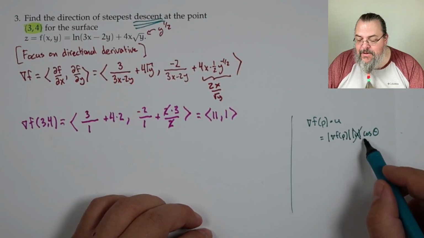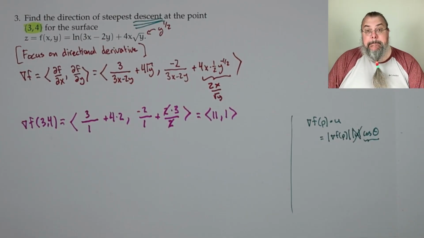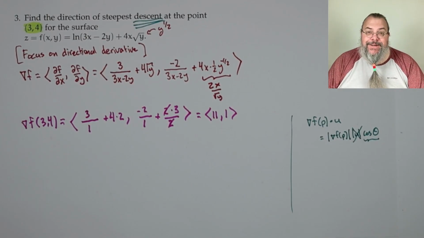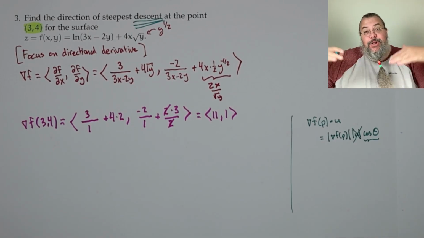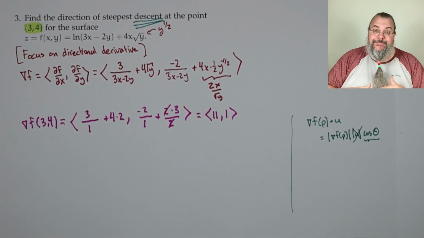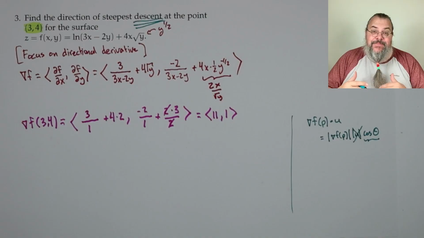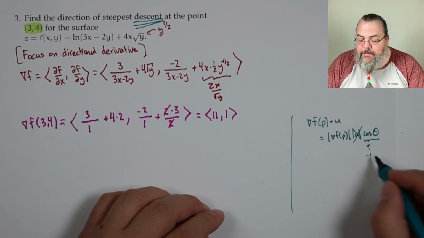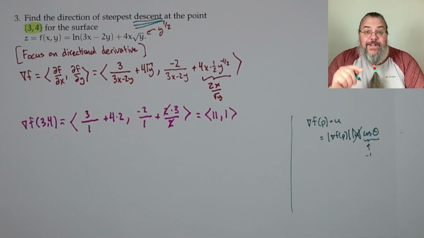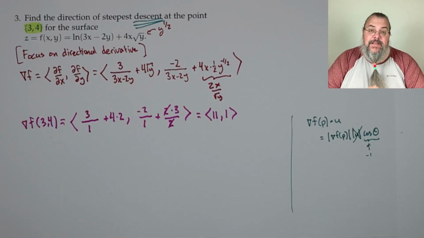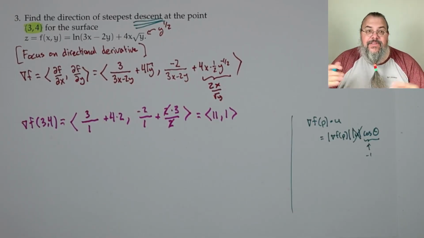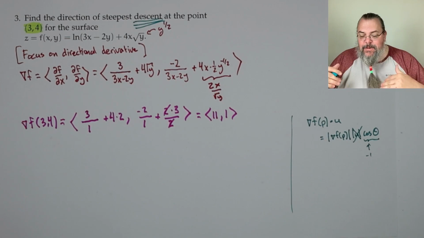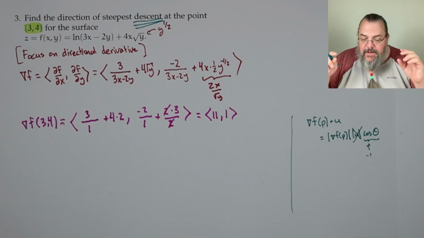So what can we say about cosine theta? How low can it go? Well, we can make it -1. That's the lowest that we can get. All right, so the steepest descent would be the negative gradient.